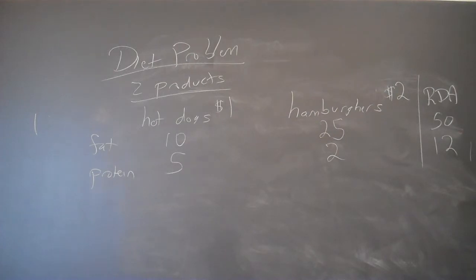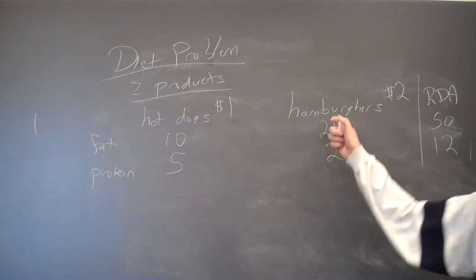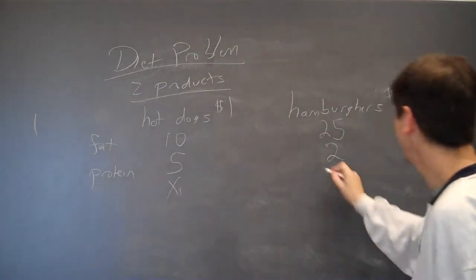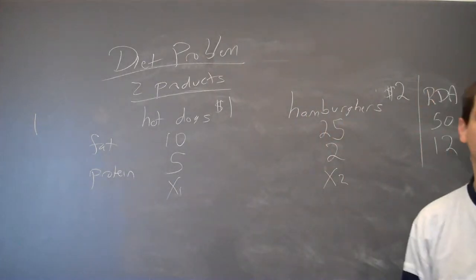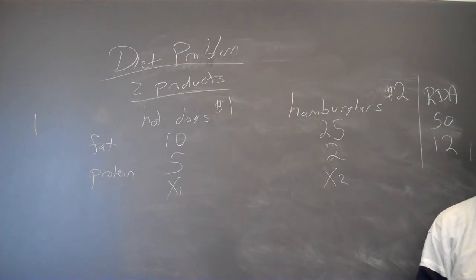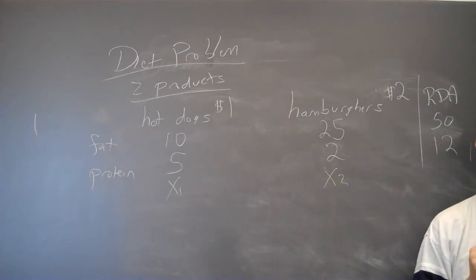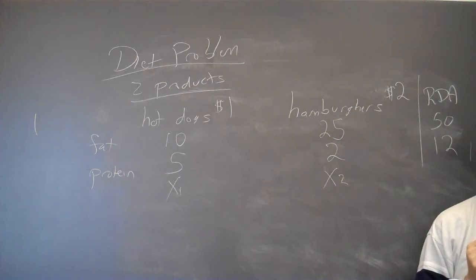So what we want to do is figure out what is the best. So we have constraints. Imagine we have x1 units of hot dogs and x2 units of hamburgers. If everybody's stomachs can bear with this, what can you say about the quantities x1 and x2? Greater than or equal to 0.